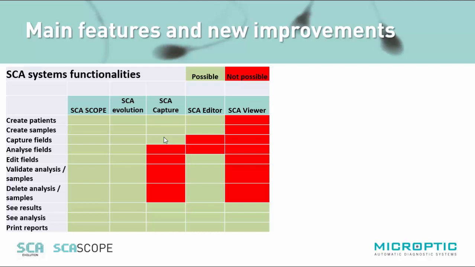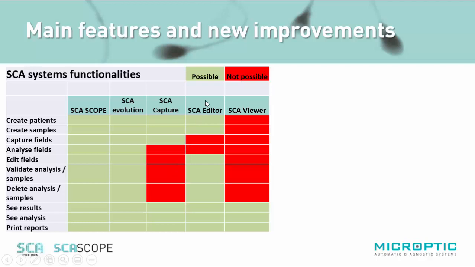This is a good option for laboratories that have many satellite labs that don't want to buy a CASA system because it's more expensive. So they buy the SCA capture and it sends just the images and videos to do the analysis in the main lab. Also, the SCA capture cannot edit or validate the analysis.